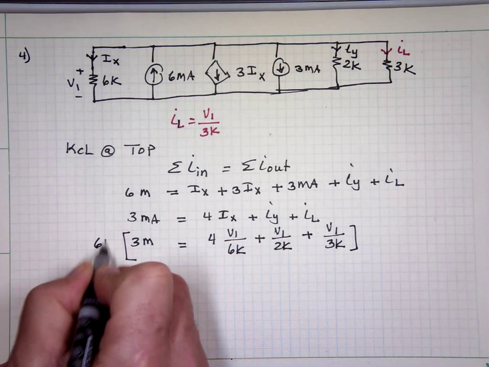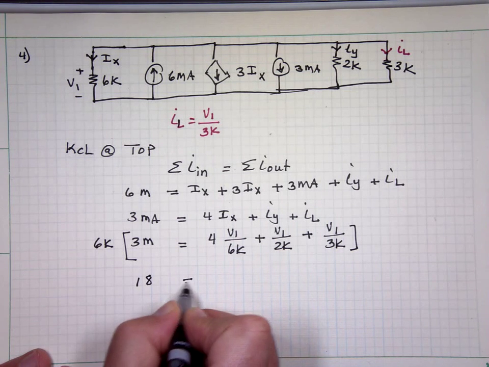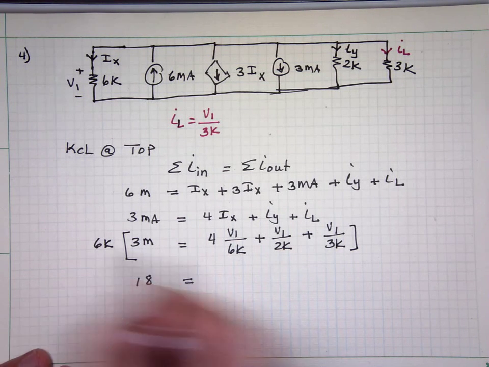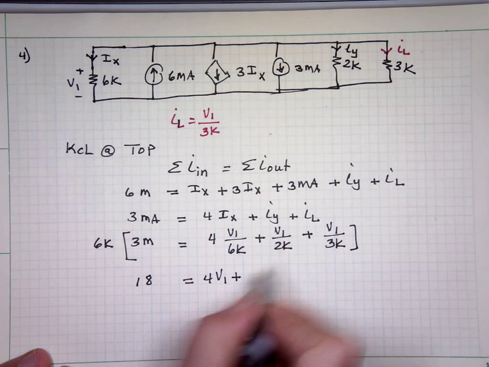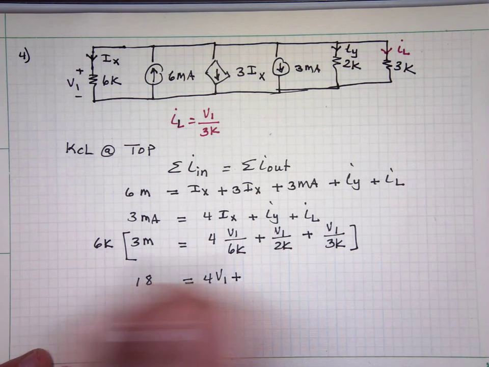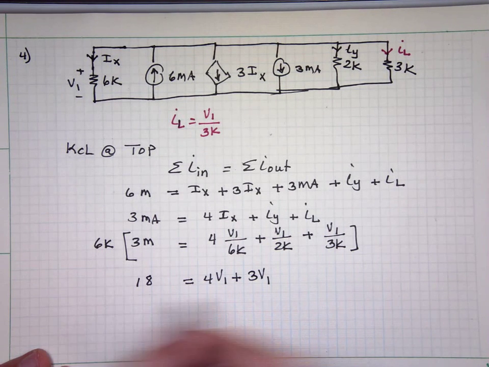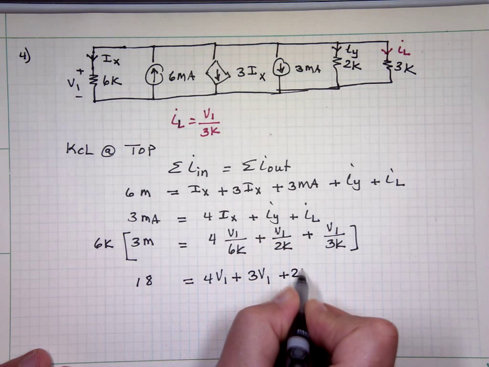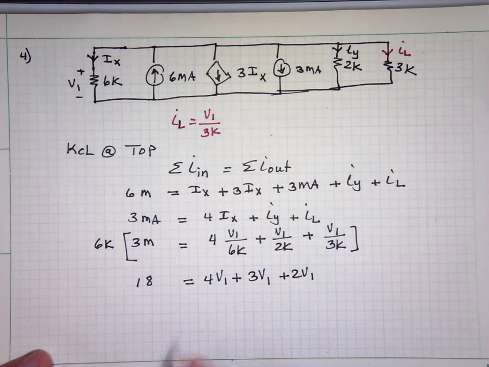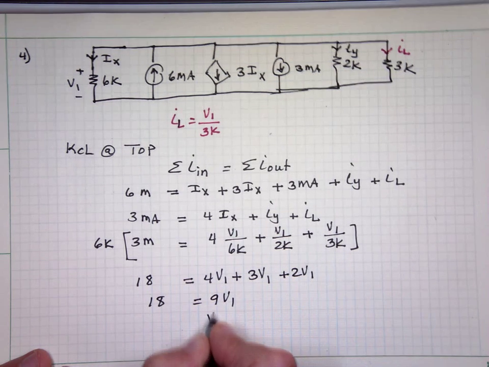K and milli will cancel. 18 equals. K and K gone. 6 and that's 1. That's 4 V1. 2 and 6, that's 3 V1. Is that 2 V1? 18 equals 9 V1. V1 equals 2 volts.